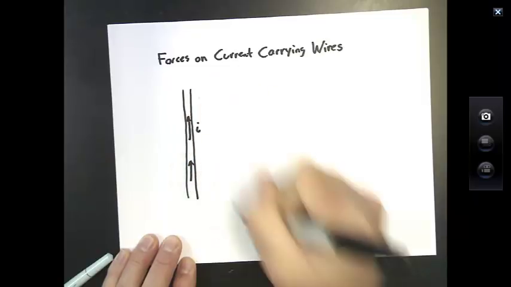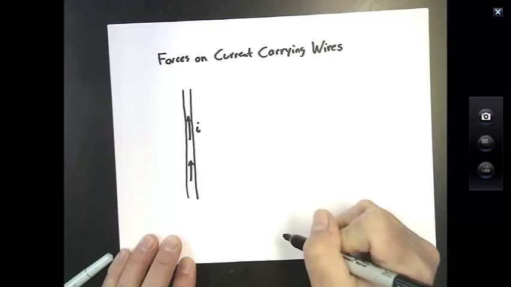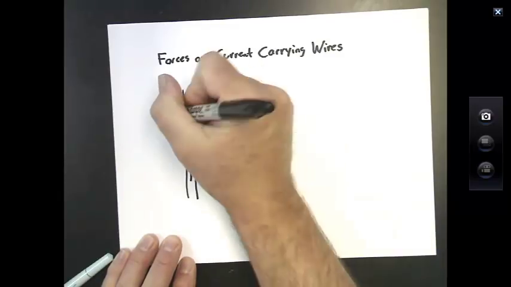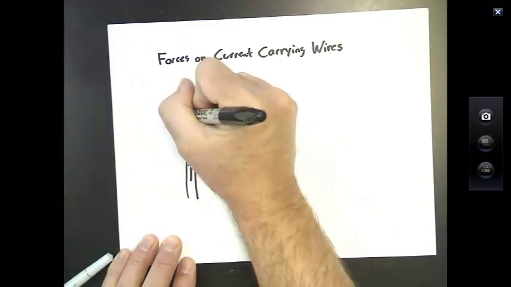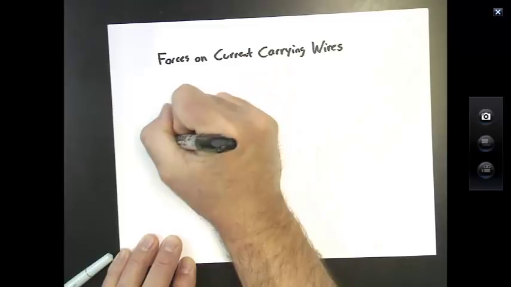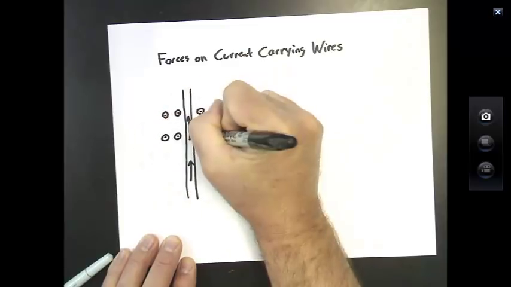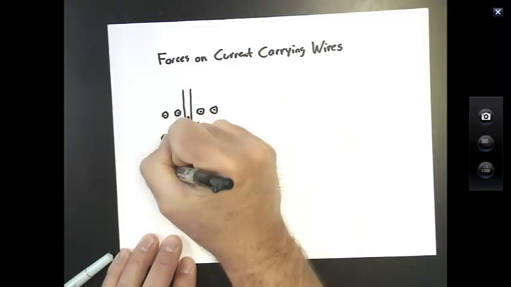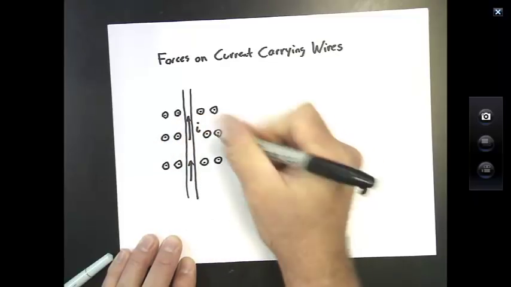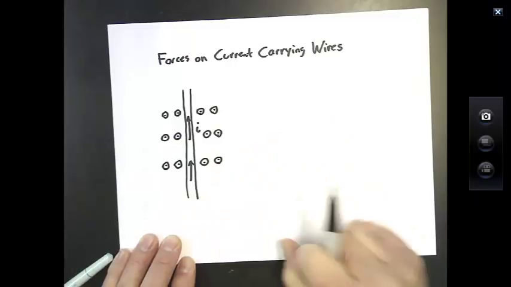Call it current I. We'll bathe this wire in a magnetic field. Imagine that magnetic field is pointed out of the page, because we're looking at the tips of these arrows. Imagine the arrowhead is like a cone, and we're looking at the tip of the cone as the magnetic field is coming up out of the page.